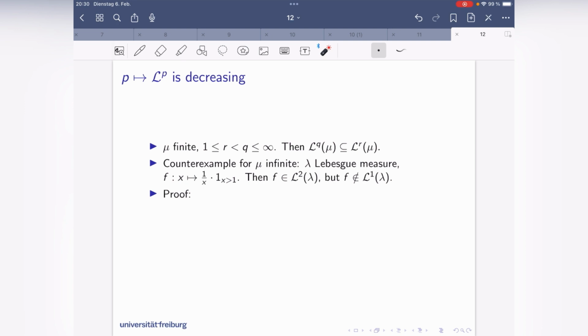But that only works if mu is finite, that's important. And R has to be bigger than 1. Apparently, mu finite is necessary here.